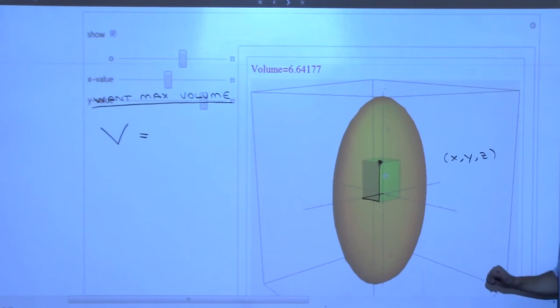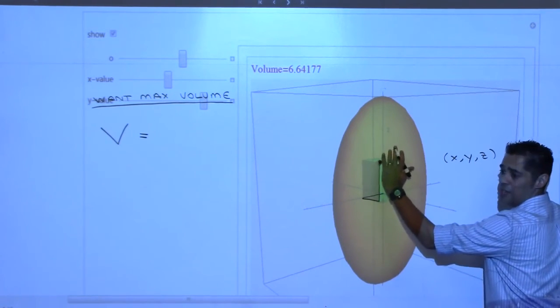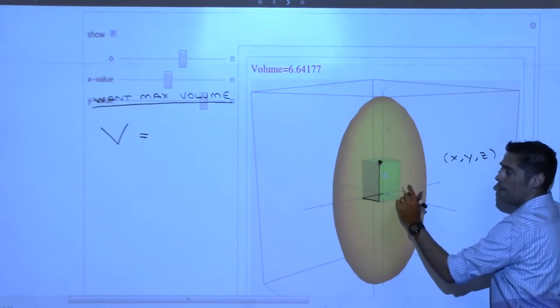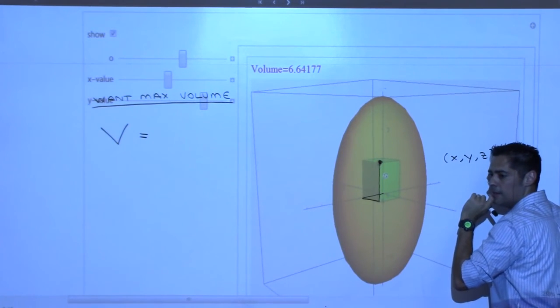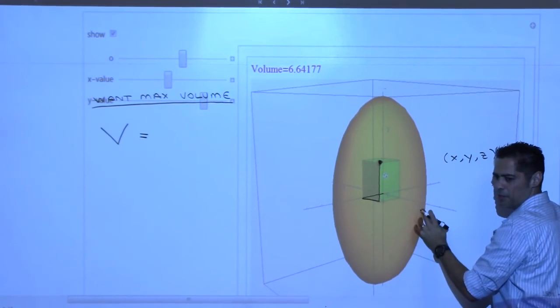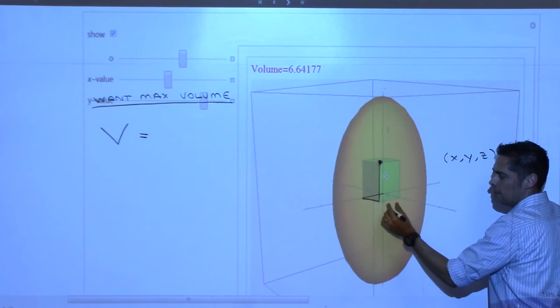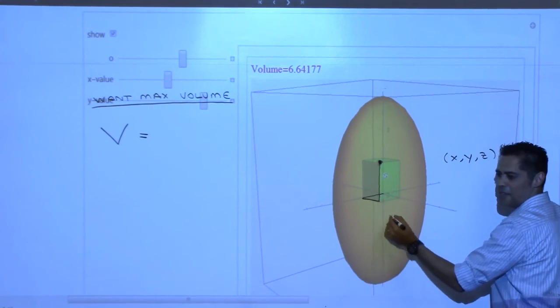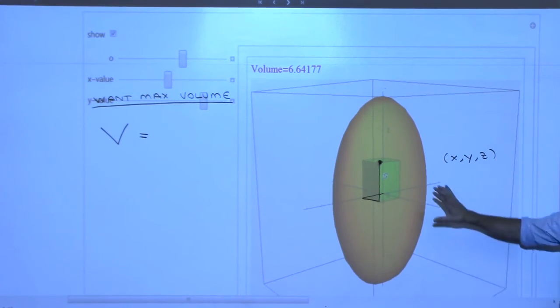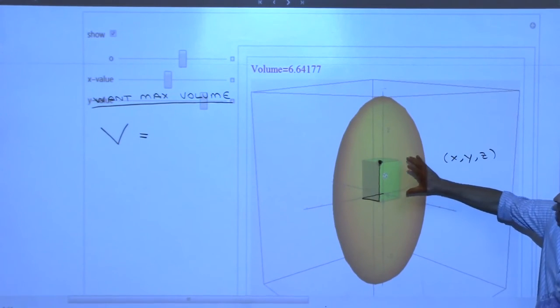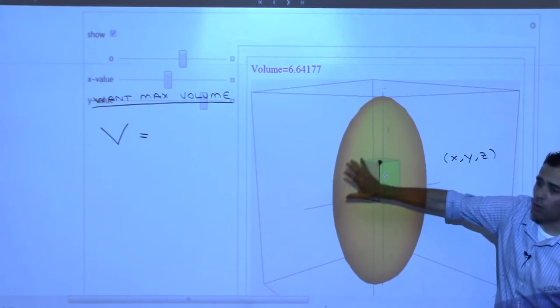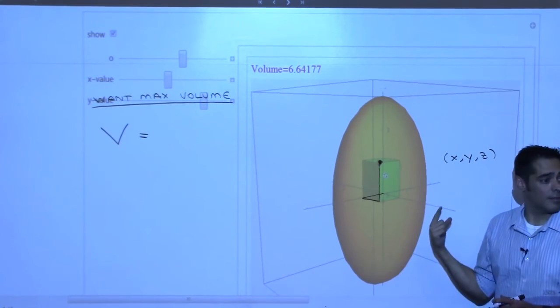I want one bigger. So I want this point right here to touch the edge of the ellipsoid, right? So what's missing from this? What else do I need? The other 7 octants, exactly. There's another box you need in the second octant, another box you need in the third octant, in the fourth octant, fifth, sixth, seventh, and eighth, right?